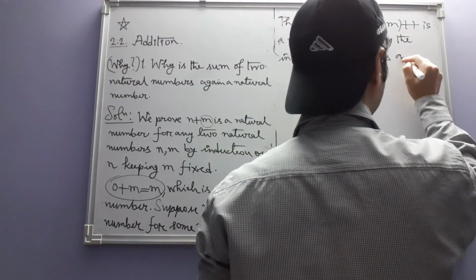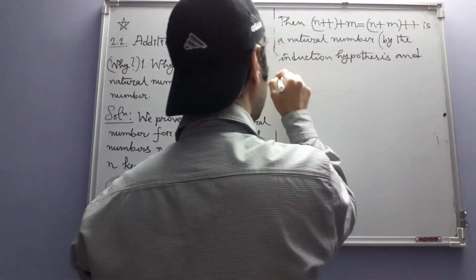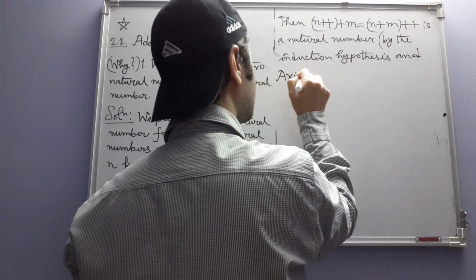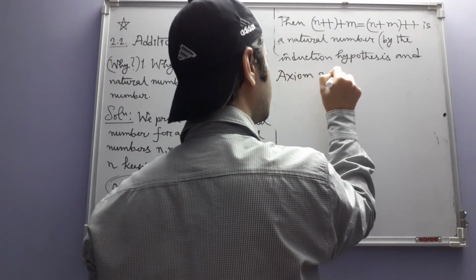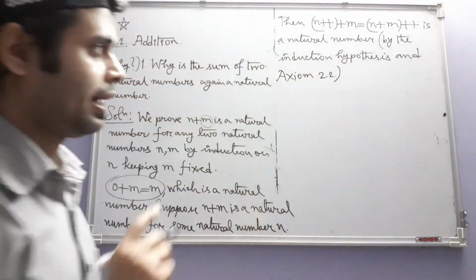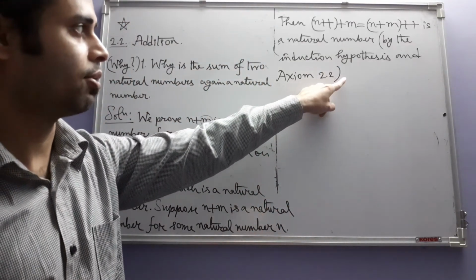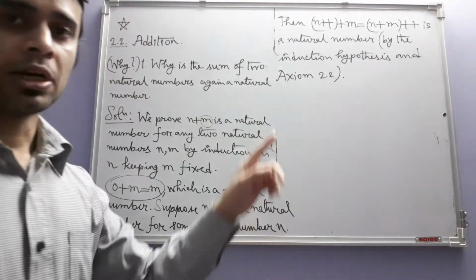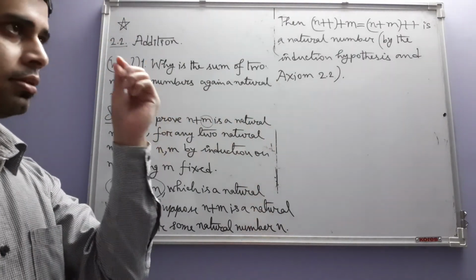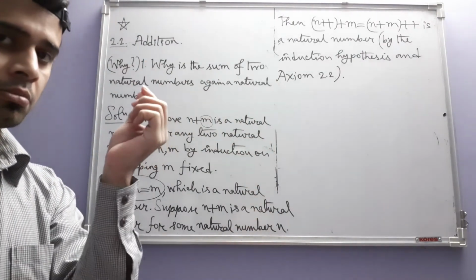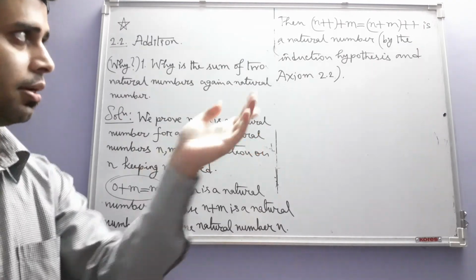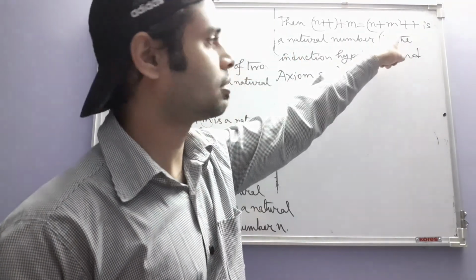And axiom 2.2. See, the axioms are still playing a role. What does the second axiom say? When we have a natural number, its successor is also a natural number. So this is the successor of n plus m.